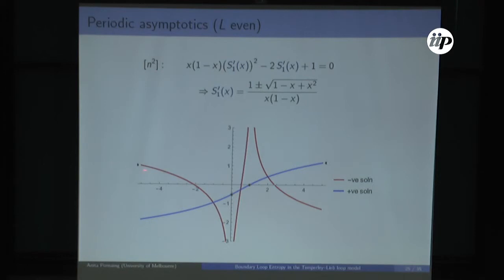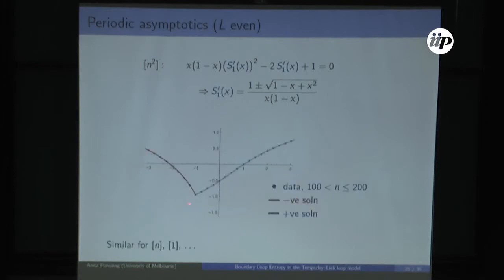So this sort of flying bird shape here is exactly what we find the data follows. So this is data from system sizes of 200 to 400 with all these dots, and they follow the pattern of the blue line to the right of -1 and the red line to the left of -1. So -1 is a special point. That seems to be where things fall down.